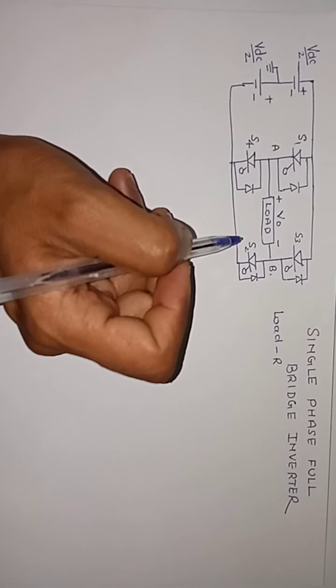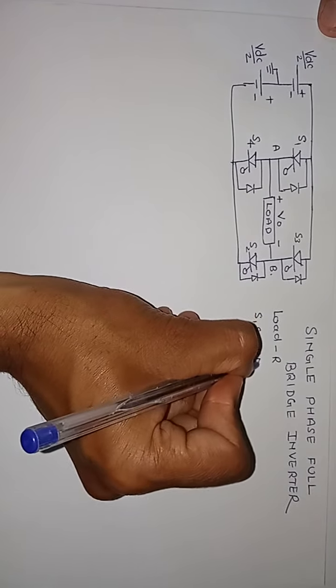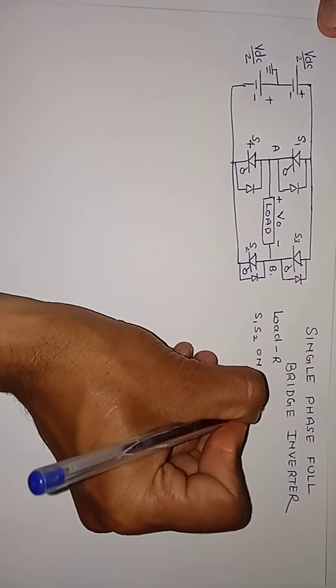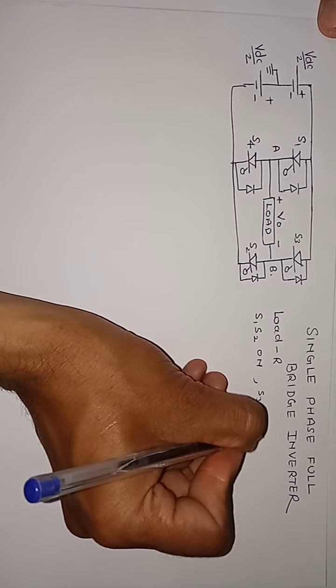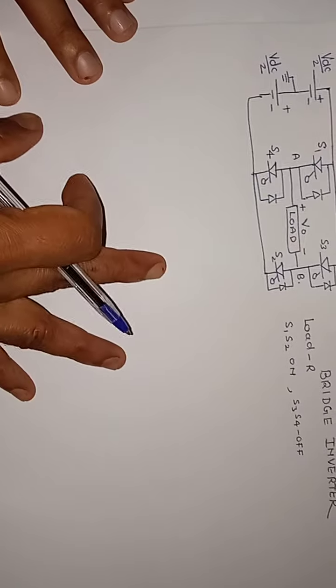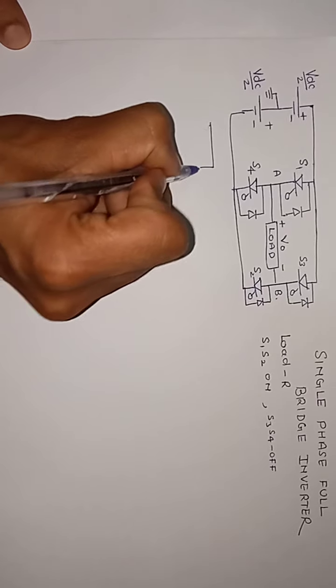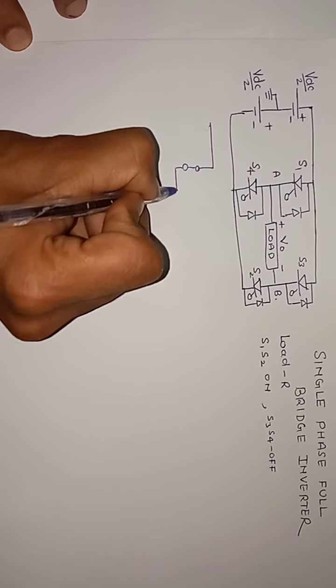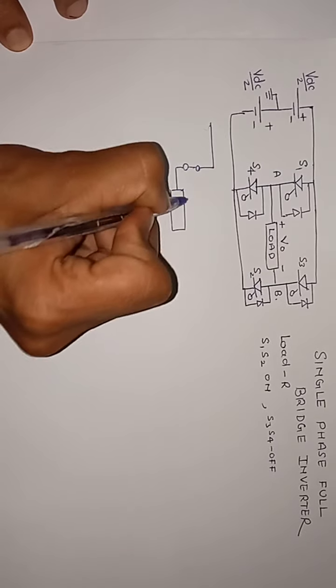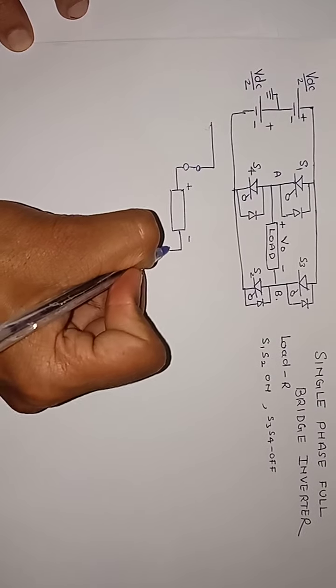First we'll see when S1 and S2 are on and S3 and S4 are off. In this condition we can redraw the diagram. Here will be the short, and the load plus minus, and this will be short.